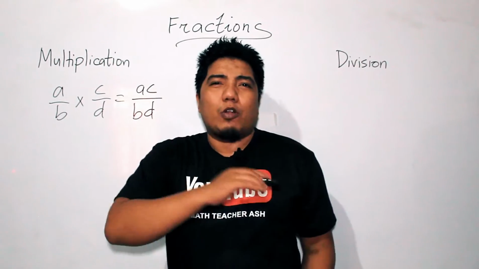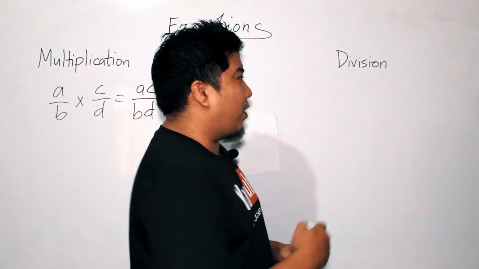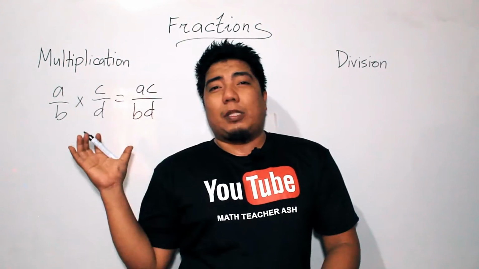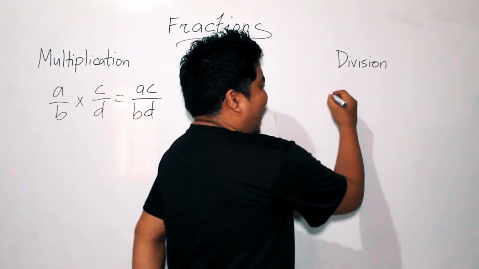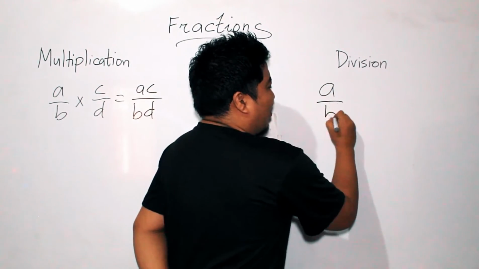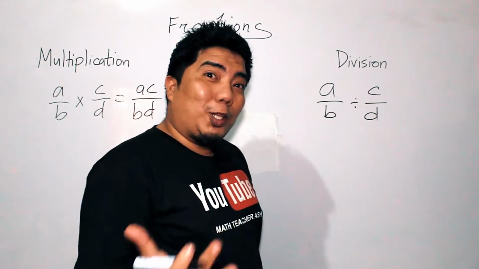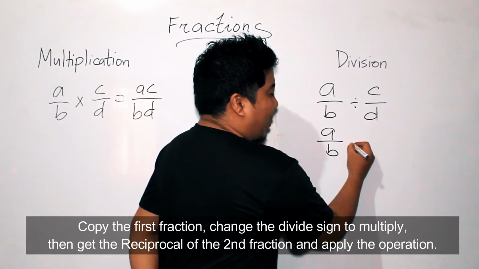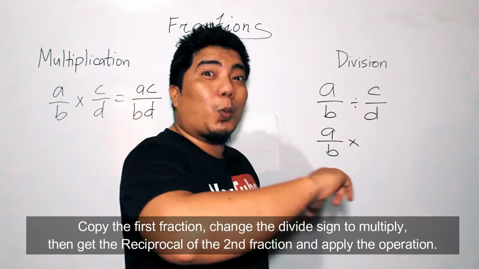That's it. Now, how about dividing fractions? In dividing fractions, you use the same concept as in multiplying, however there is a slight twist. If you have A over B divided by C over D, your divide sign will become times, and your C over D will be twisted.